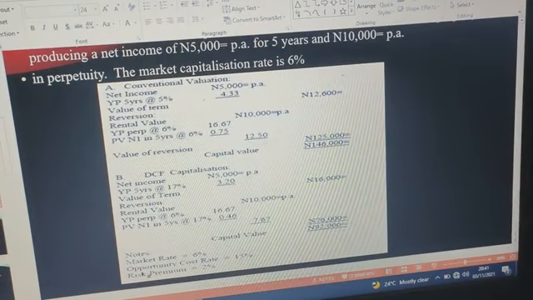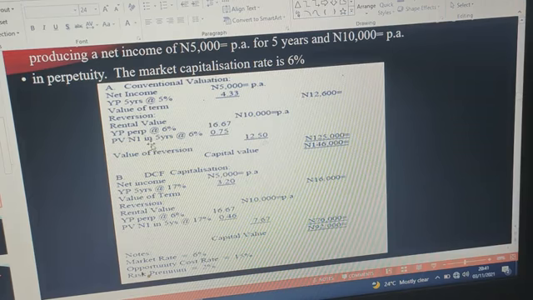A. Conventional valuation. Net income N5,000 per annum. YP 5 years at 5%, 4.33. Value of term N12,600. Reversion. Rental value N10,000 per annum. YP in perpetuity at 6%, 16.67.